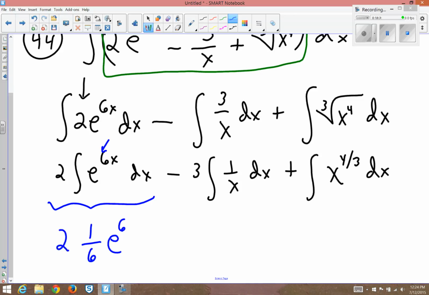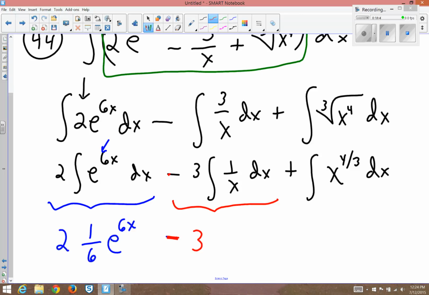In the rule it says times e to the ax. In this case it means e to the 6x. The dx just disappears the same way the stretched out s disappeared. Copy the minus, copy the 3. So we're going to do this term in red. Copy the minus and copy the 3.